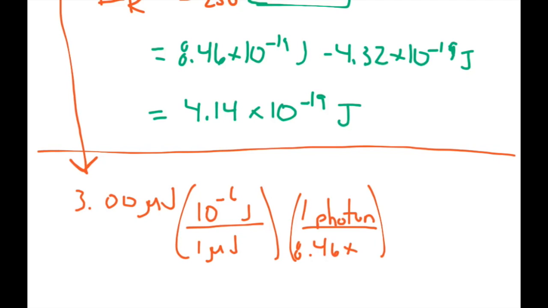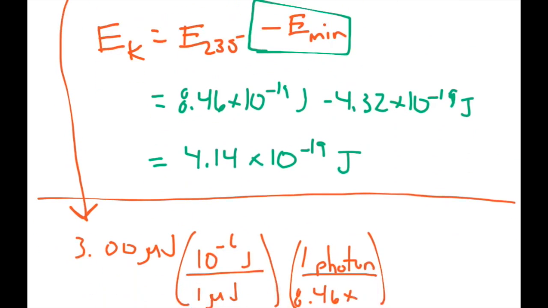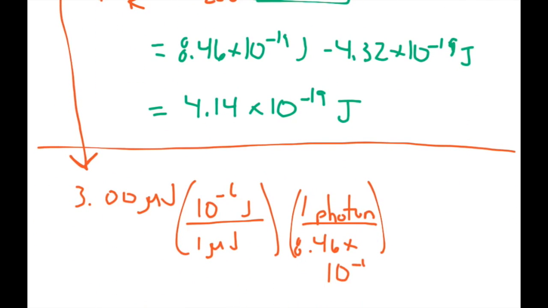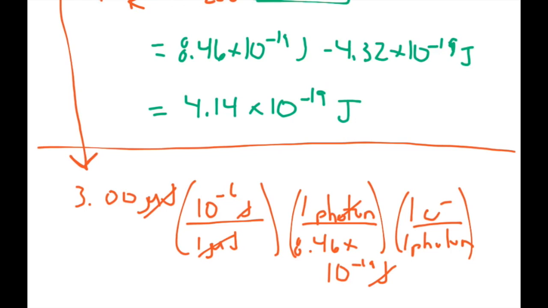For every 1 electron, there's 1 photon. Check your units, make sure they cancel, which they do.